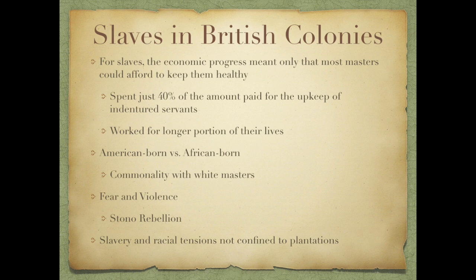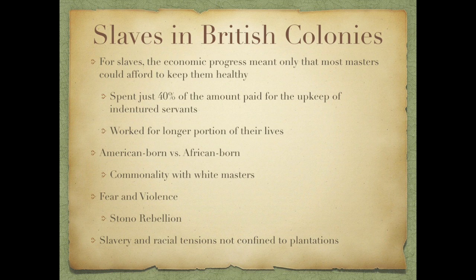It was more tolerable than gang-style work, which is what you would see in the tobacco plantations and then later in the cotton plantations. But it still left them with relatively little free time for themselves.